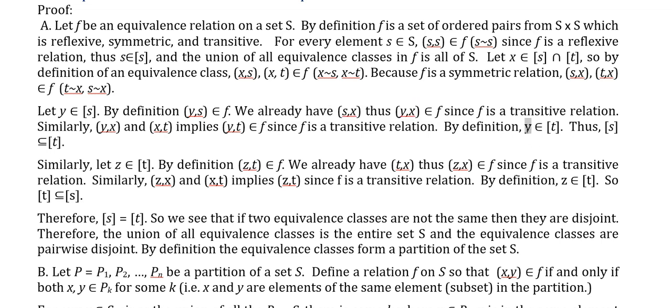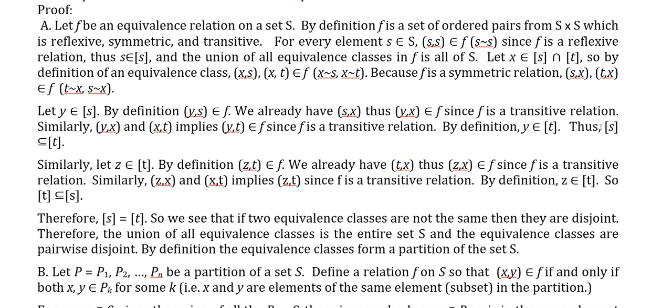So by definition, y is in the equivalence class of t. So everything in the equivalence class of s is also in the equivalence class of t. So we have a subset relationship there.